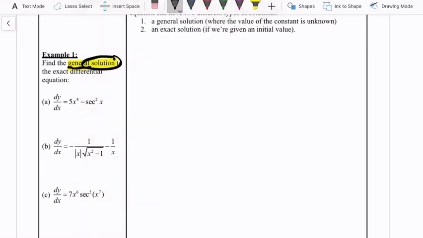So let's look at number 1. I should probably write here that our goal is to solve for y, the original function. So we're trying to write it as y equals a function.